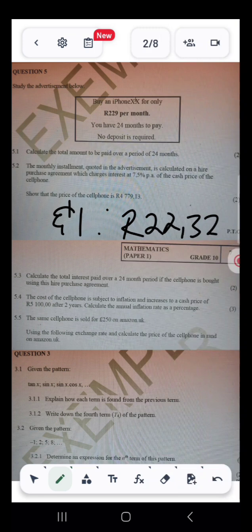Every time it is compound interest or inflation, you must know it's compound interest. And the other thing is to write your PAIN acronym so that you can see what you have and what you are missing to calculate. And let's hope your arithmetic improves so you can calculate those things with ease.